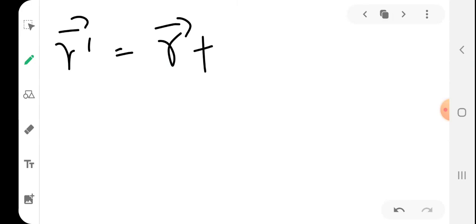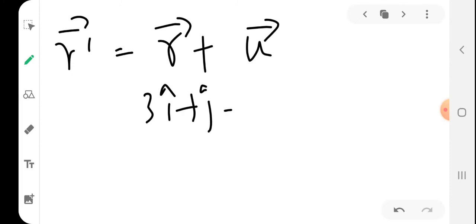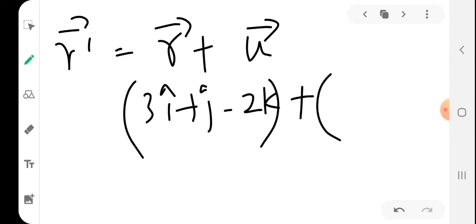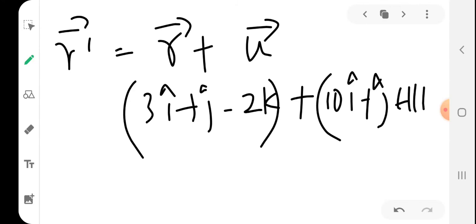Okay. So r dash vector will be r vector plus u vector, right? So r vector and u vector are known now. r vector is 3i plus j minus 2k, plus u vector is 10i plus j plus 11k.